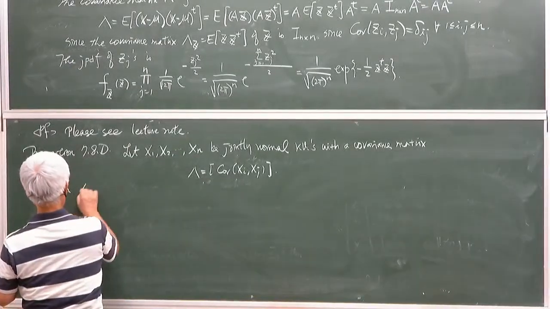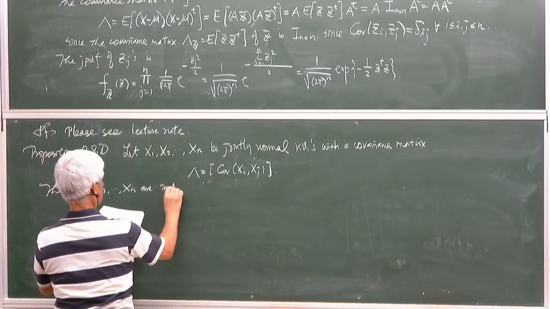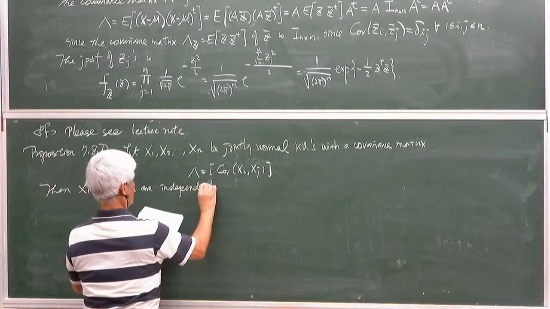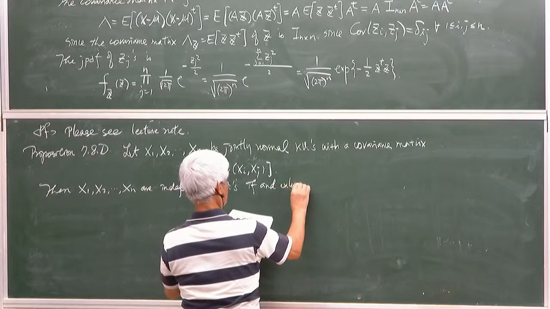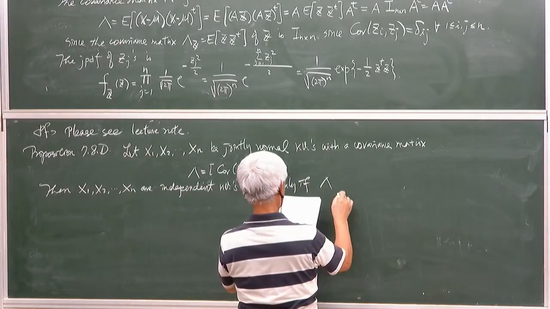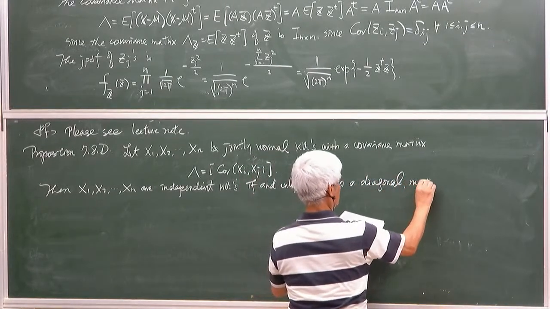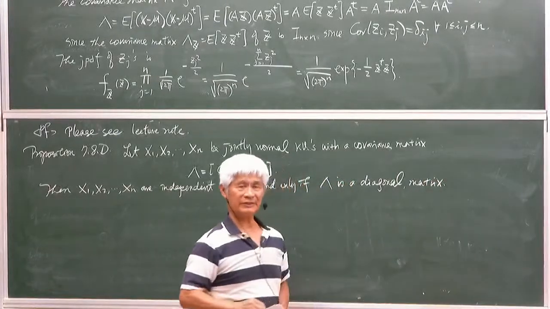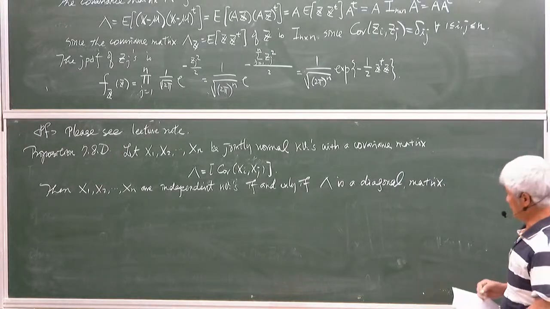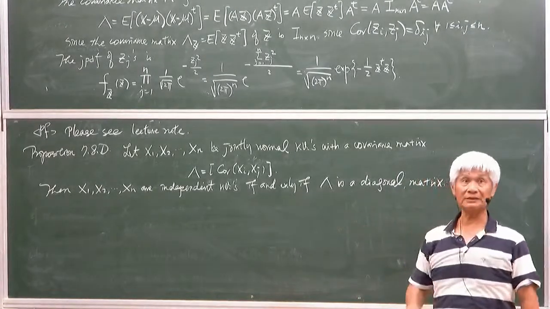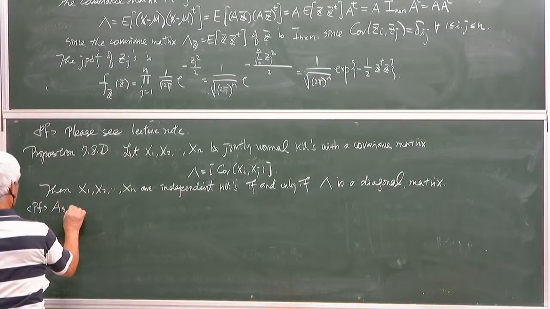Then x1, x2 up to xn are independent random variables if and only if lambda, the covariance matrix, is a diagonal matrix. So it's very simple to identify independent jointly normal random variables. We just check that the covariance matrix is a diagonal matrix. And the proof is an exercise.